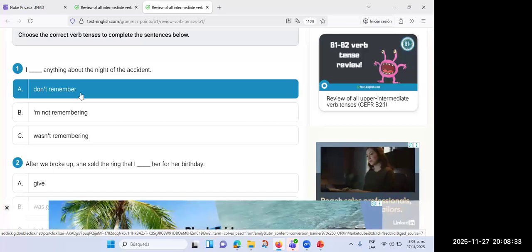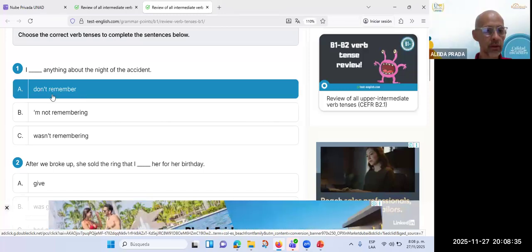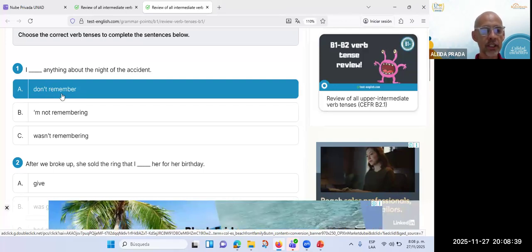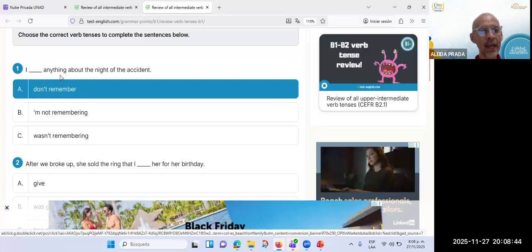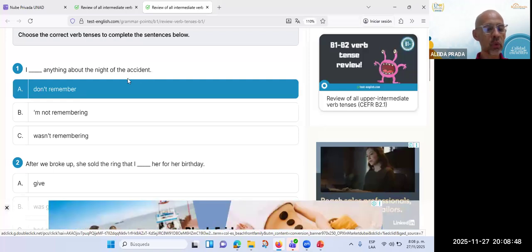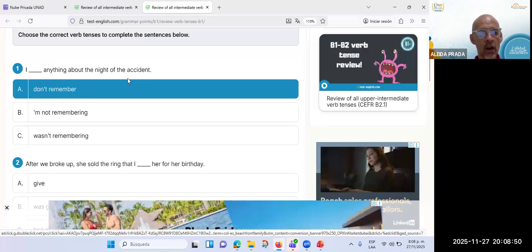The verb we are using in this sentence is remember. Look at this: I don't remember anything about the night of the accident. We are not using the verb to be, so we don't have to change that.